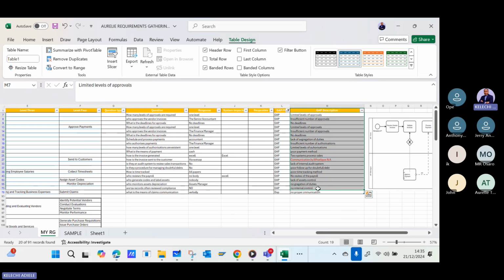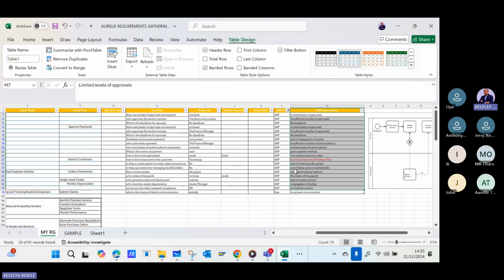How do we analyze them? How do we sort them out? So make sure you add your own conditional table so that it's easy to sort out. And that's one of the beauties of using Excel. We have other applications that can manage this actually. We have Azure DevOps. We have some other applications that can help you do this job. So we have filtered all the gaps.